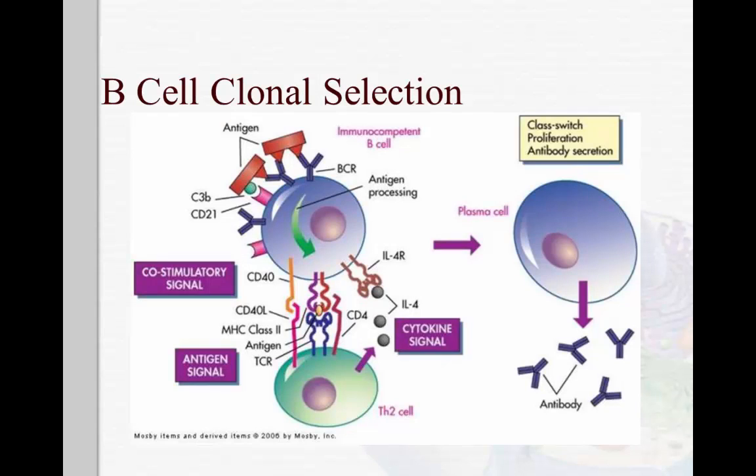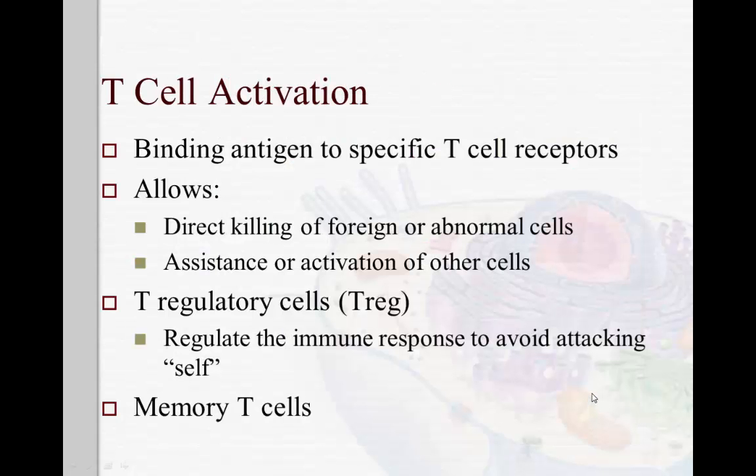Here you have the picture of the antigen presenting cell to the immune system and how that signals the activation of the complement cascade as well as release of interleukins and, of course, activation of the plasma cell and production of antibodies. Now, in addition, there is activation of the T cells, the killers.